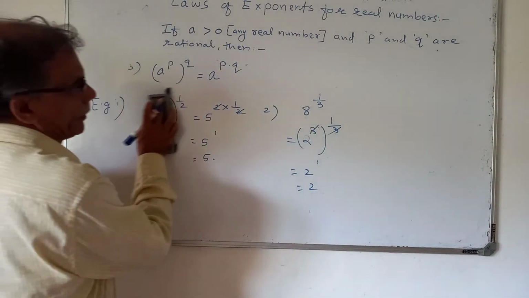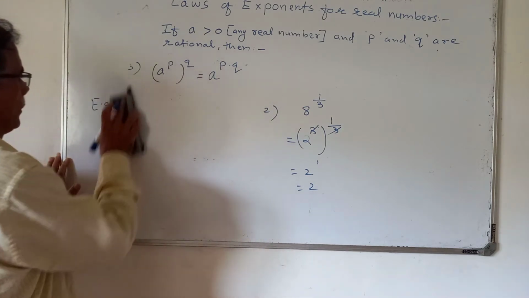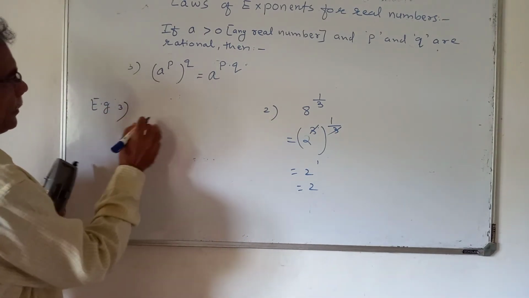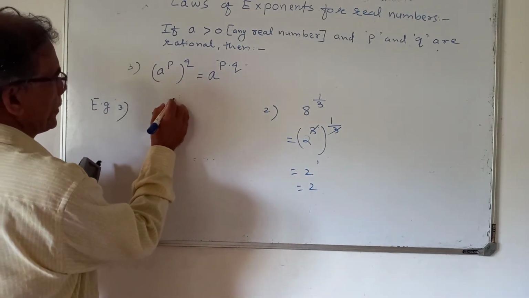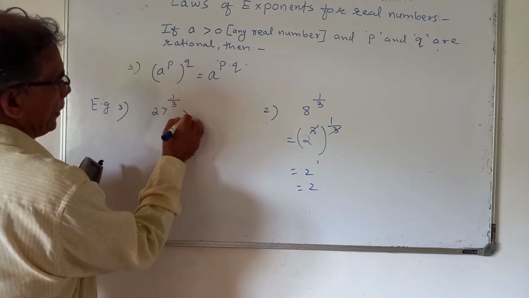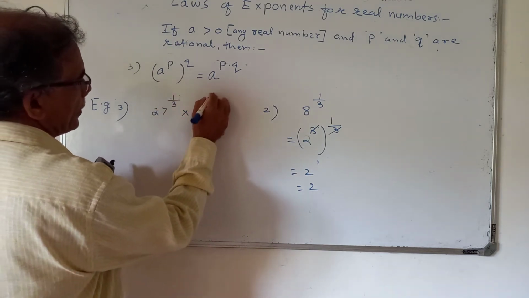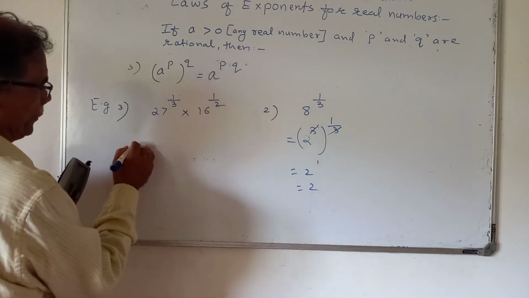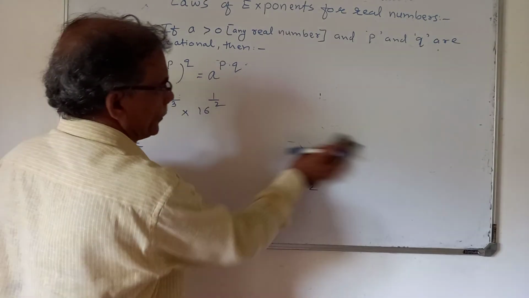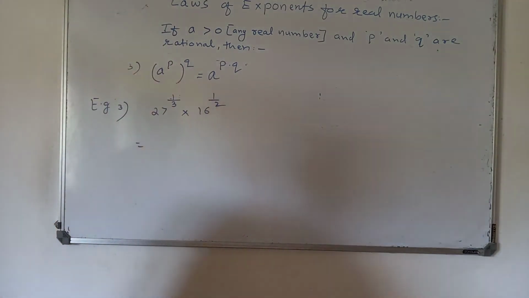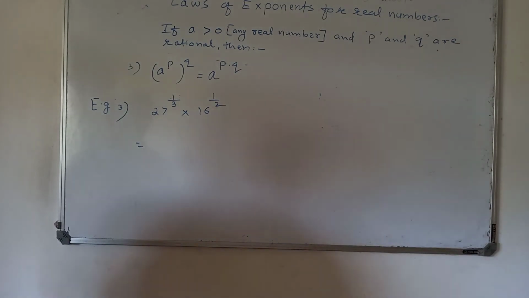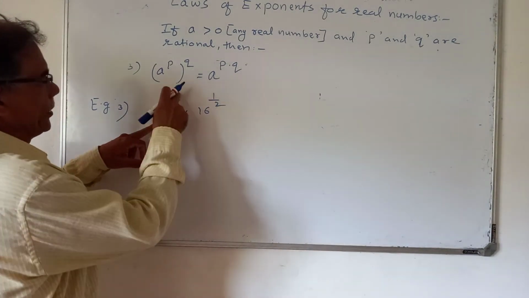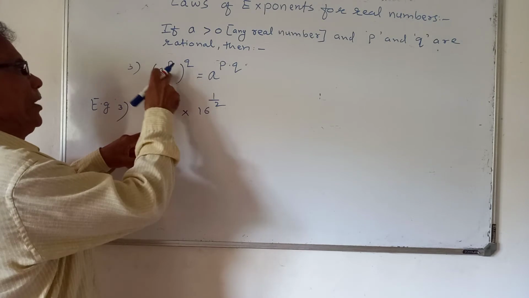Third example I shall give you. Example 3: 27 raised to 1 by 3 into 16 raised to 1 by 2. Suppose evaluate, simplify, find the value of this expression. Now it is a raised to m raised to n only.